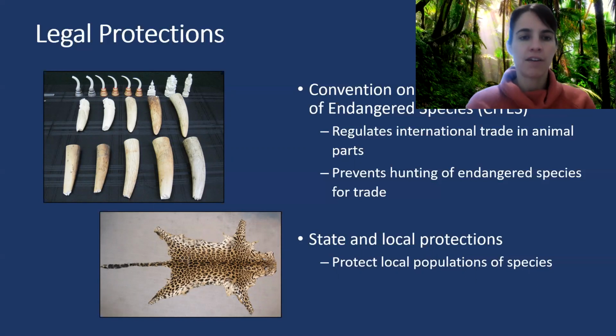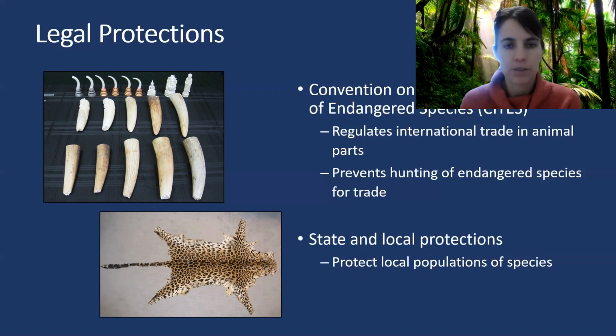But CITES has a tough battle to fight, right? They're working internationally to stop animal trade. One last thing I want to note on that is that wildlife genetics, conservation genetics, which is my field, is playing a really important role in this because it's essentially like wildlife forensics.